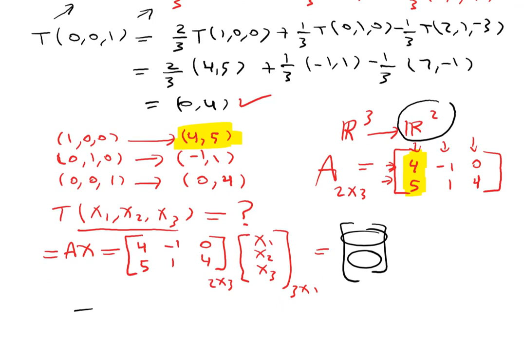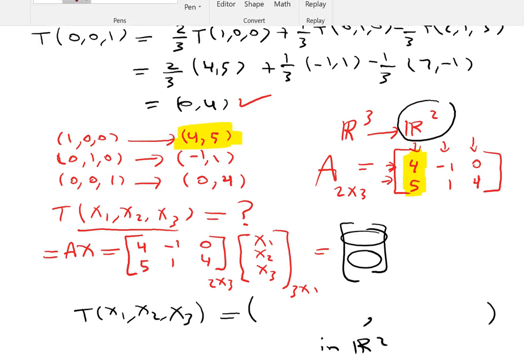So what is T(x1, x2, x3)? Just by multiplying these two matrices, you can find exactly what you want. You want to be in R to the second. So let's write them down. What's the first piece?